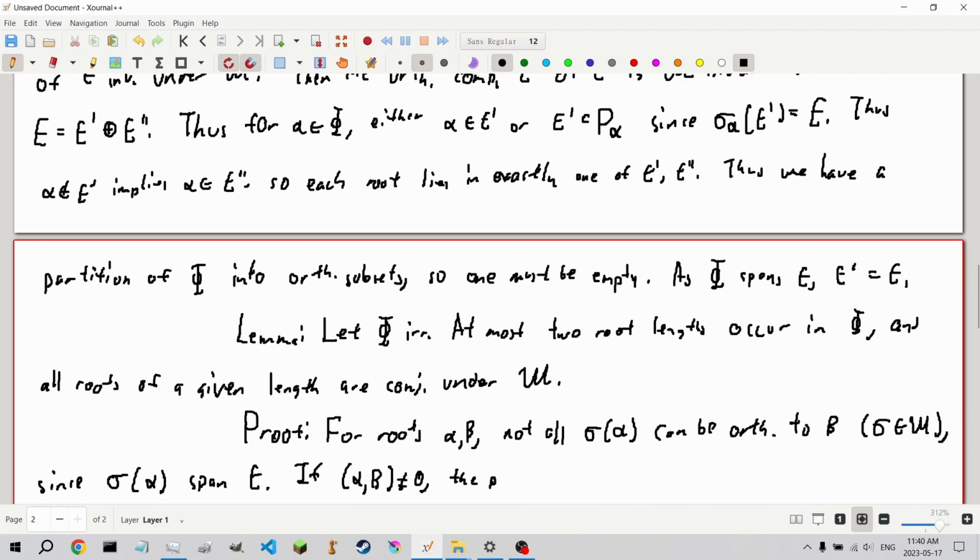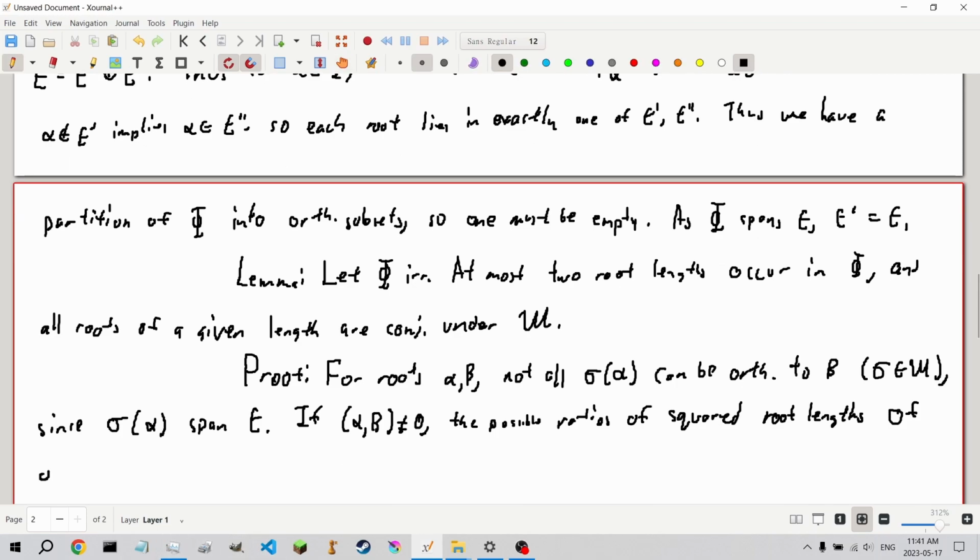And the possible ratios of squared root lengths, not square root of lengths, it's the square of the root length, of alpha and beta are 1, 2, 3, 1/2, and 1/3.